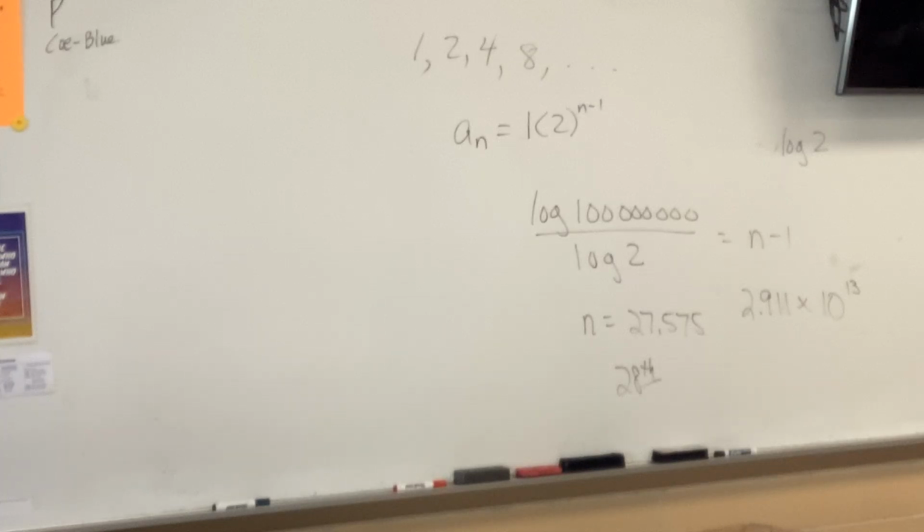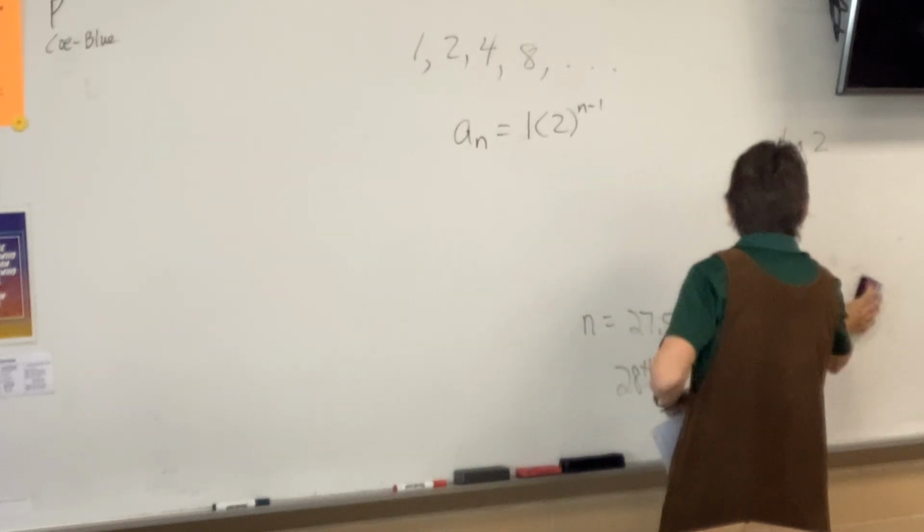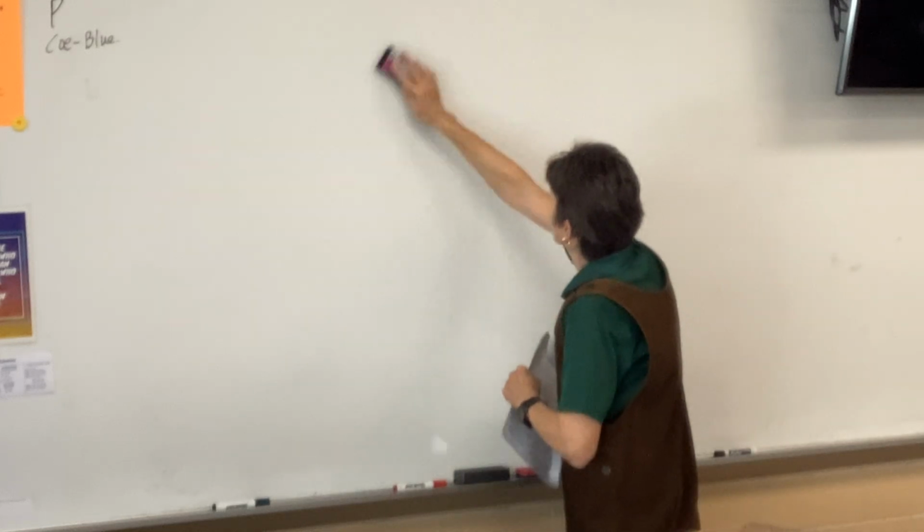Let's take a moment and see if you can figure out what your right and left side limits are to these first 6 problems. And then let's have you come up and put your answers on the board.